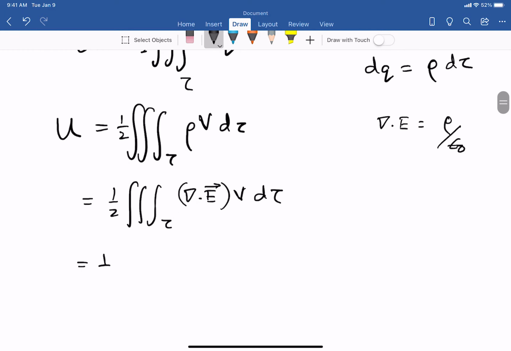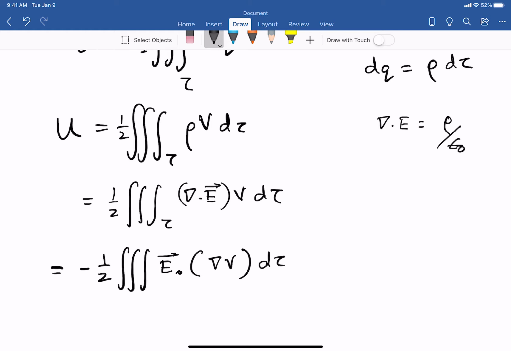So this is going to be, actually, negative half volume integral E dot gradient of V. Remember, gradient of V is a vector, so we are taking the dot product of that with E d tau, plus surface integral V E dot dA, and this surface integral is evaluated over the boundary of the volume that we're using.